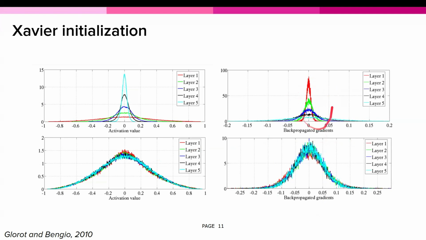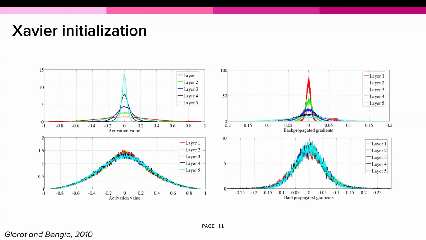And so with a standard initialization, gradients would diminish when the error must be back propagated to the earlier layers in red, compared to the deeper layers in blue. This is the vanishing gradient problem.